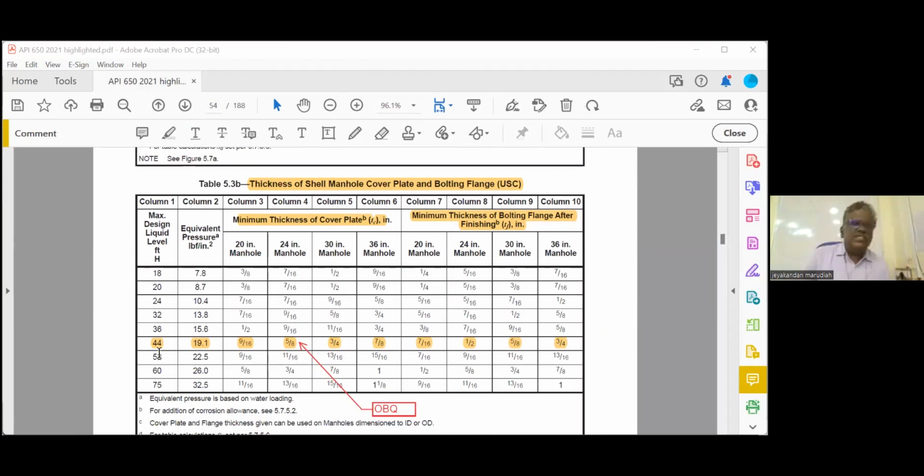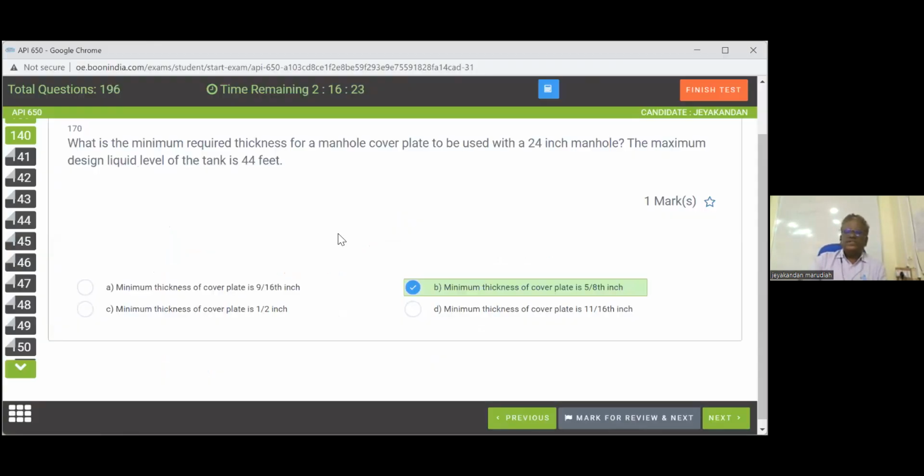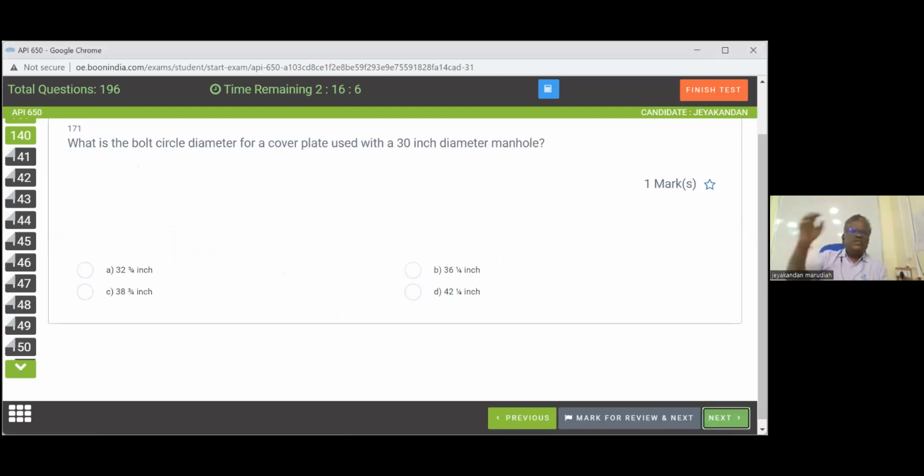So the design liquid level is 44, and a 24-inch manhole should have 5/8 inch. Again, I will repeat, maybe one or two questions will be like this. So the maximum design liquid level is 44 feet. Is it okay? Next one.